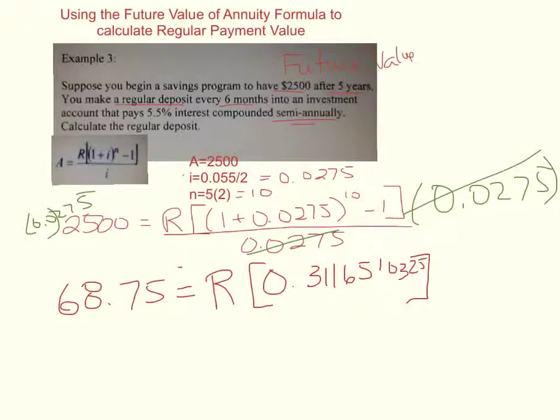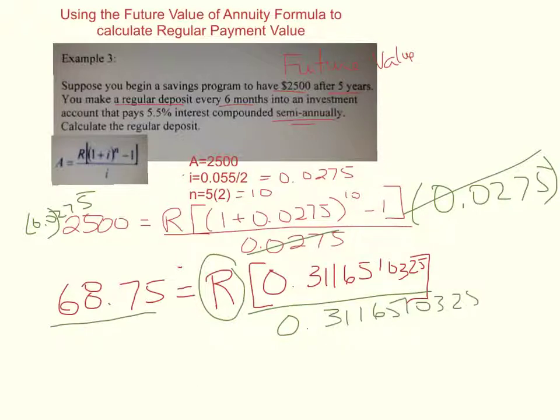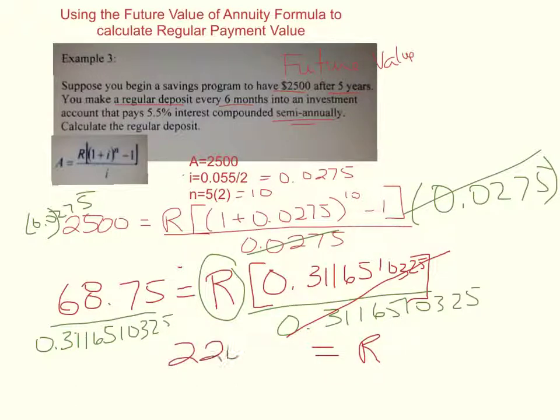And I'm going to need to isolate R, so I'll do that by dividing by this decimal 0.3116510325 on both sides. So when I divide through, these values will cancel. This leaves me R on the right hand side, and the calculation I came up with was 220 point, and this is a money value, so I will just use 2 decimal places, so I'm going to round it to 60 cents. So we have now answered the question.